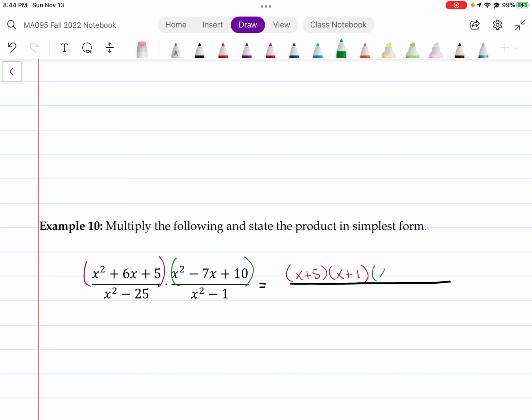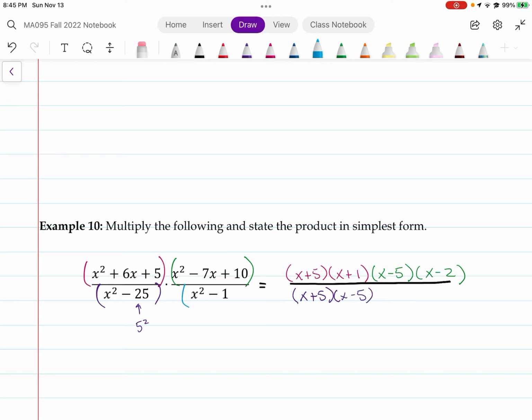I've got x minus 5 and x minus 2. That's that one. All right, then I've got x squared minus 25. So remember, this is 5 squared, so x squared minus 5 squared, difference of squares. And that becomes x plus 5, x minus 5.